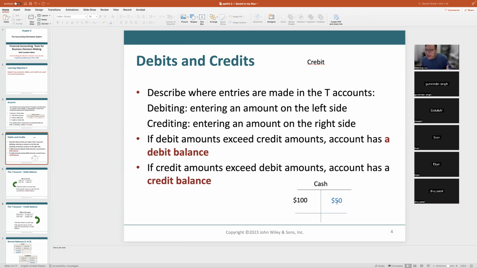So if I calculate the net balance, I should get $50, 100 minus 50. This tells me that I still have $50 on hand, because I received $100, I debit 100, I used $50, I credit $50. What's remaining in my hand is still a debit balance of $50.